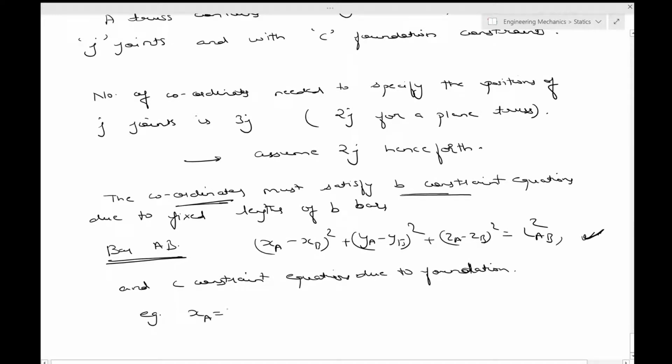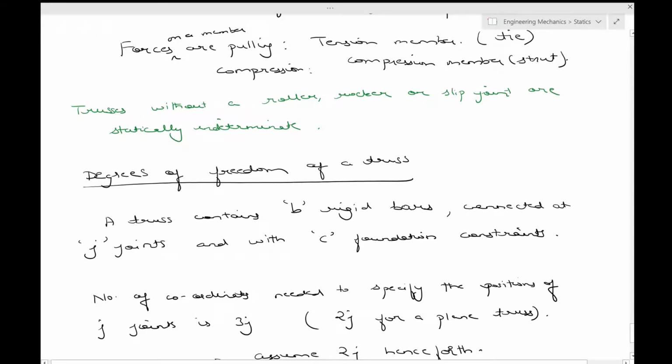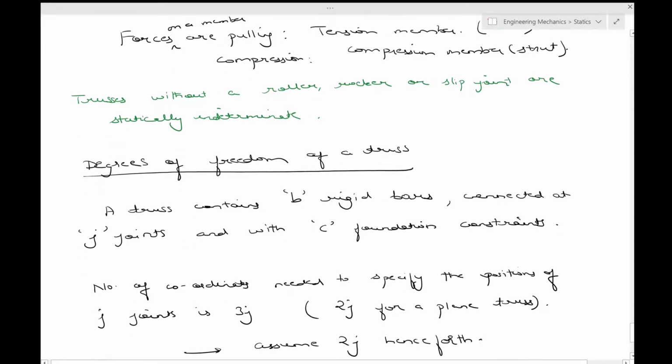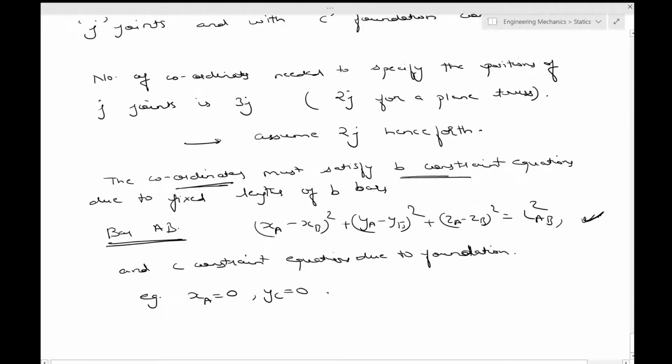So for example, xa is equal to 0, yc is equal to 0. What is this constraint?